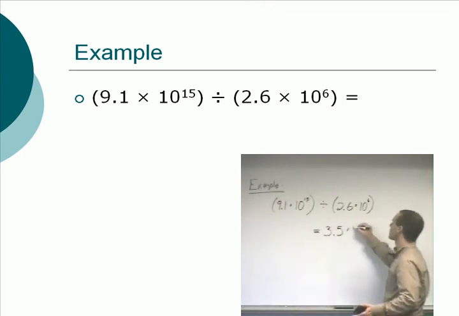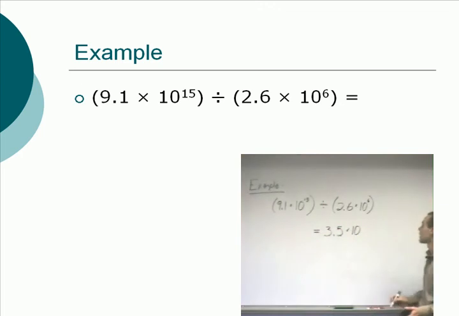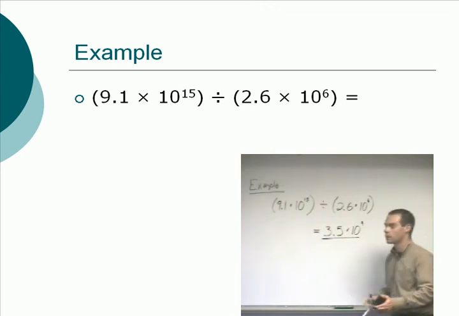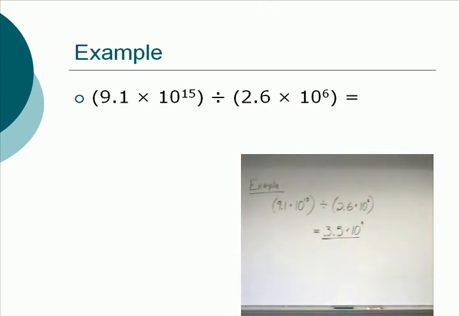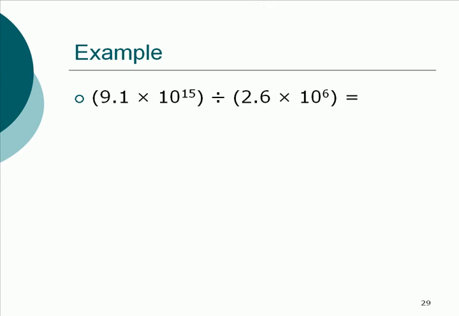What's our power of 10 going to be? 10 to the 15th, minus 6, gives us 10 to the 9th. That's right. 3.5 times 10 to the 9th is the correct value. And again, you could perform that on your calculator by entering the numbers in scientific notation. We won't take the time to do that now.